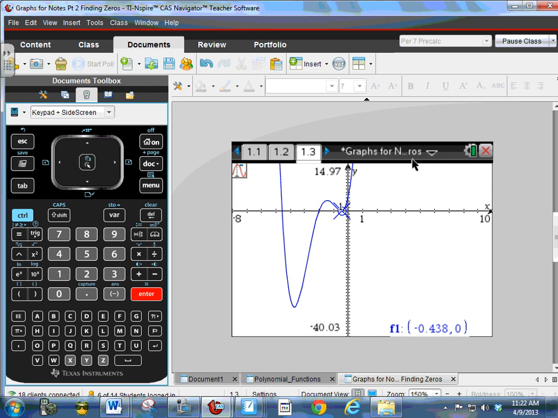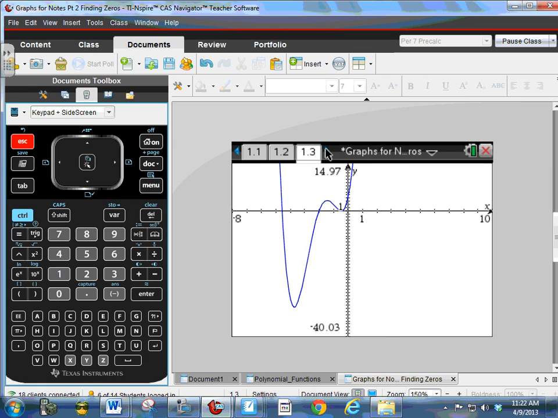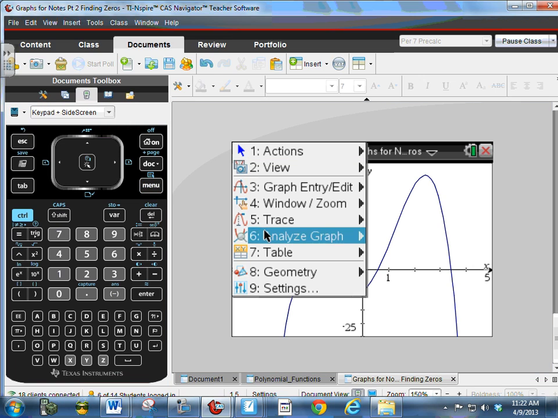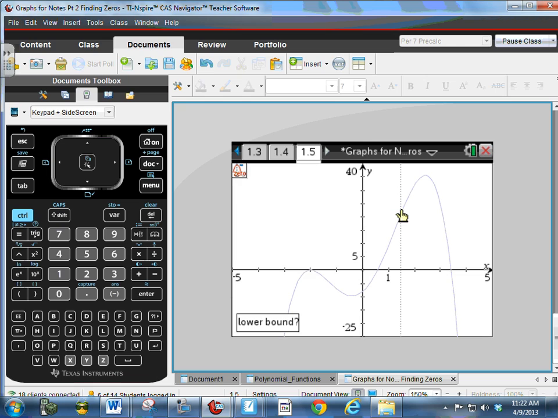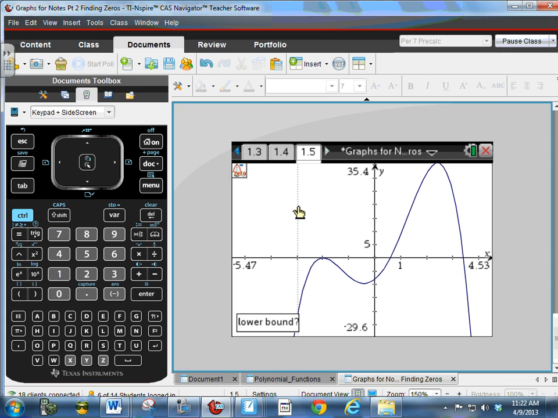So if I wanted to do this one, find zeros, let me escape out of here. Actually, we'll go to the last graph since that's the one I just did. If I wanted to find zeros, you go to Menu, Analyze Graph, 0, and you see this dotted line. I want to move the dotted line over to the left of one of my zeros, so I'll move it right here because I want to find the 0 that's between 0 and 1.